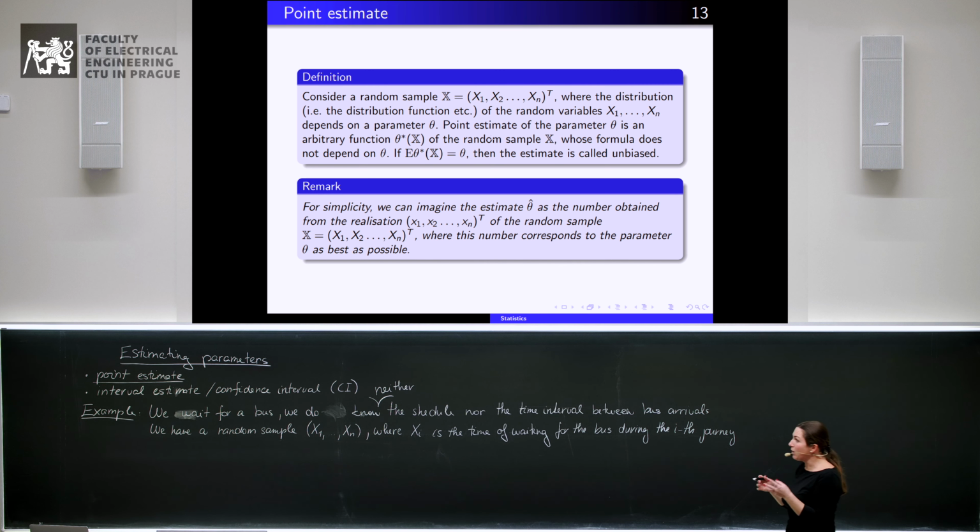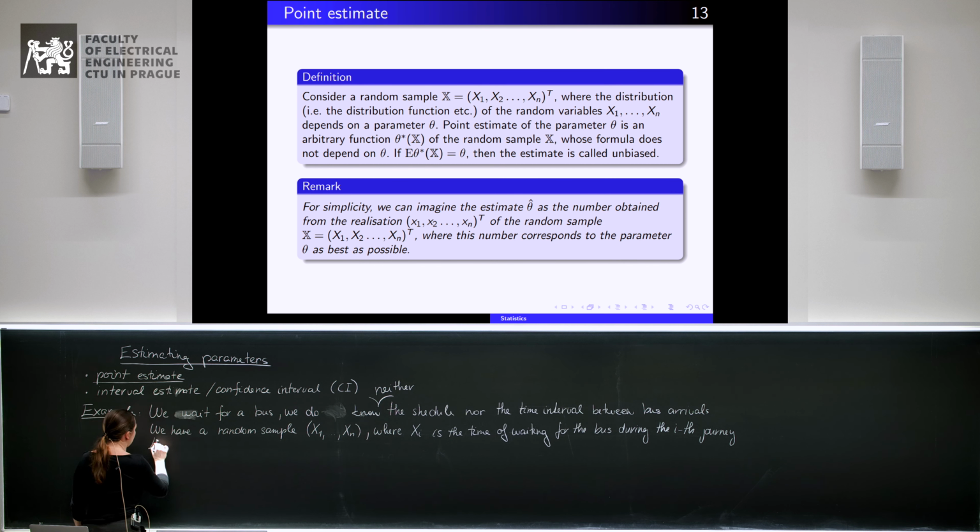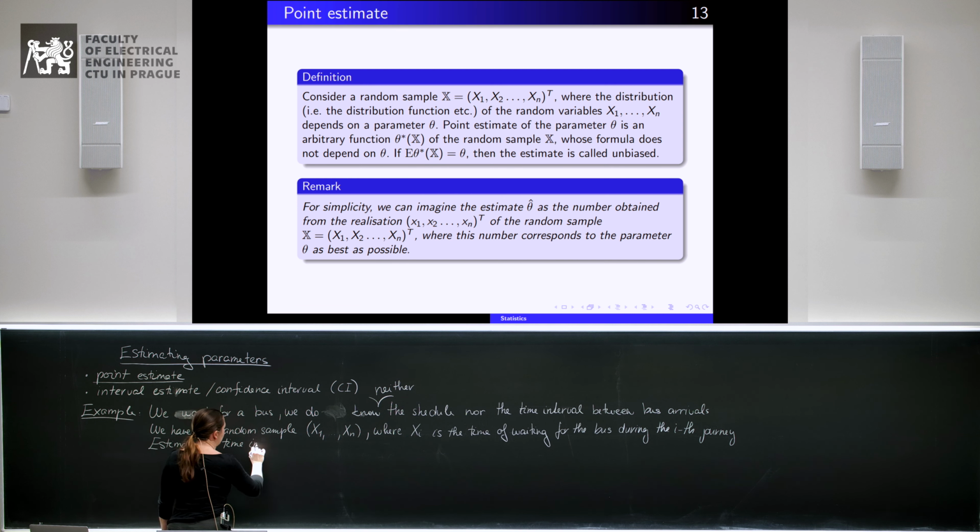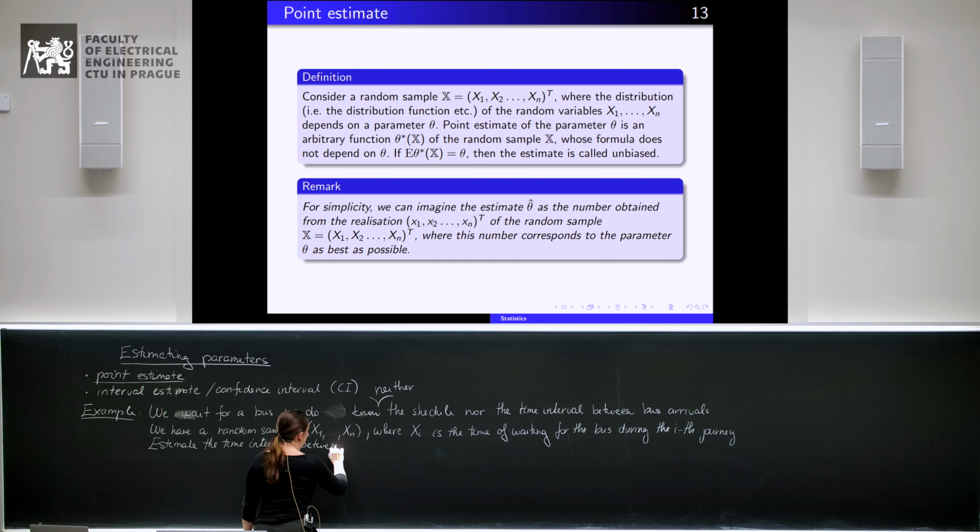So we have a sample of n waiting times for the bus where we don't know the time interval, and it is our aim to estimate the time interval between bus arrivals.